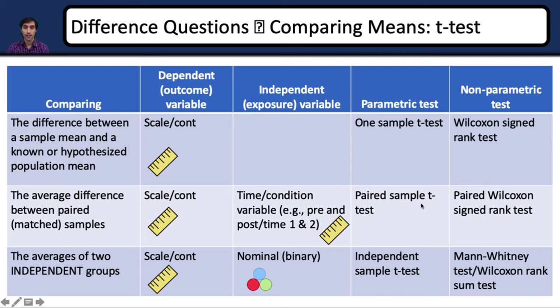If it's parametric, then it is a paired sample t-test. If it's not parametric, you also use the paired Wilcoxon signed rank test. So the only difference here is that it is paired. So this is basically letting you know that it's the same people that you are testing, versus the first one was just one sample against the population.